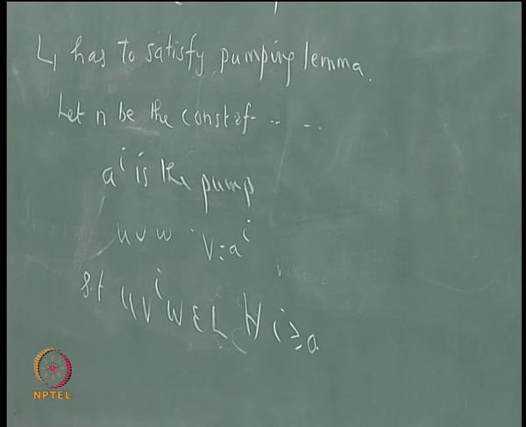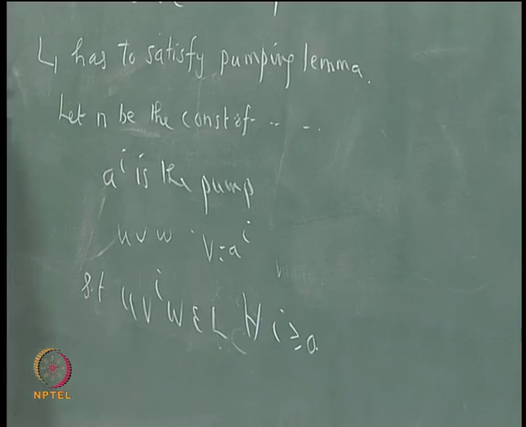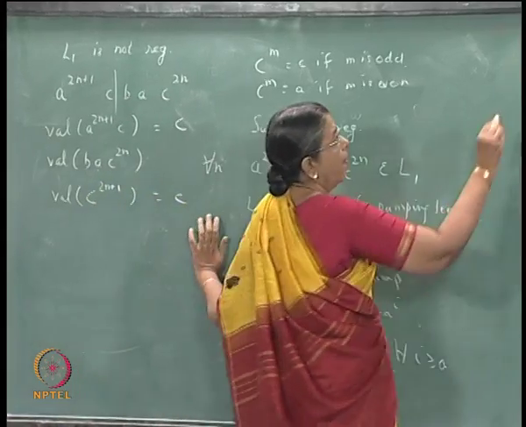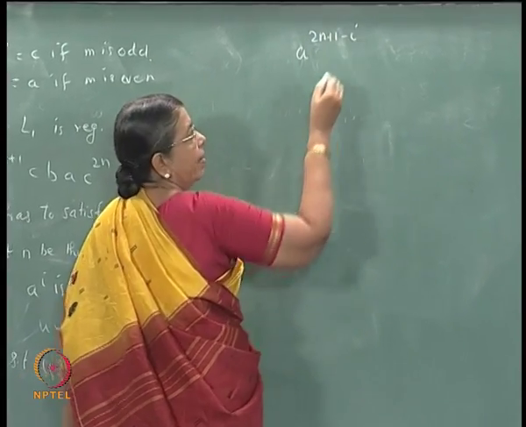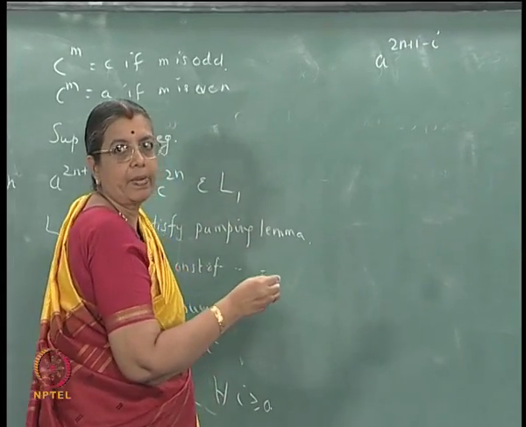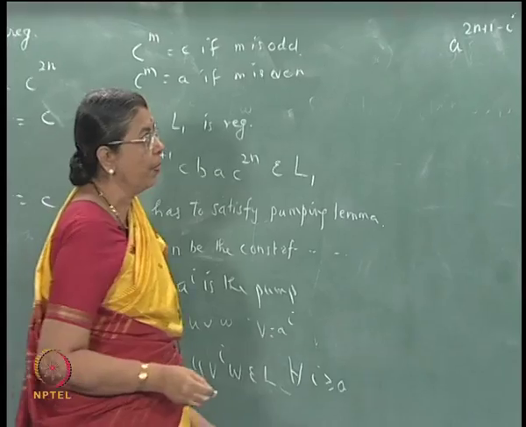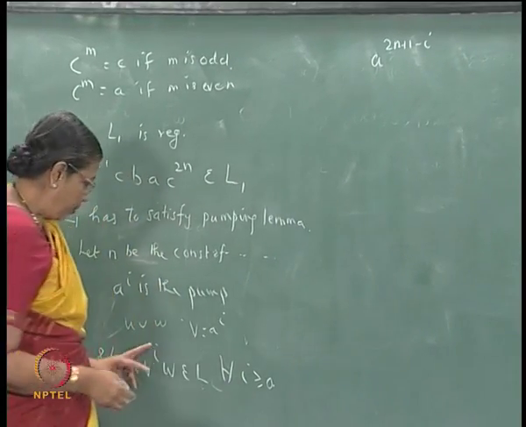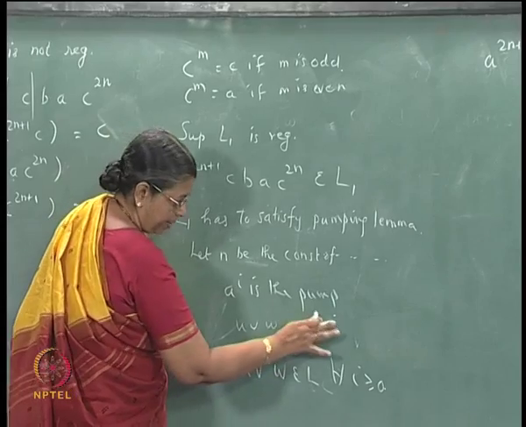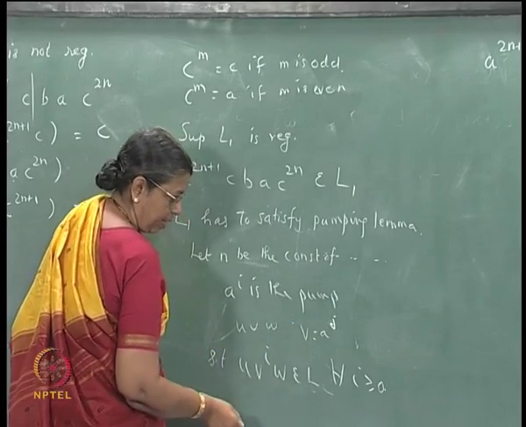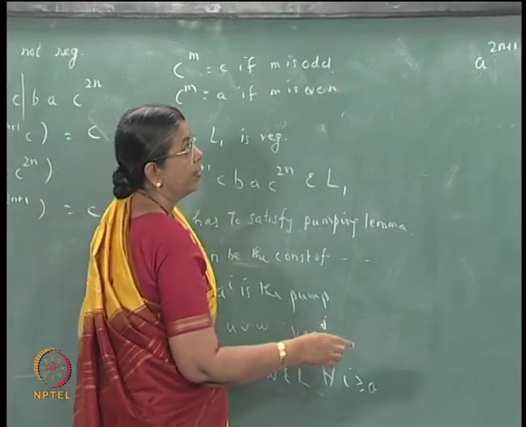Now, if you do that, a power 2n plus 1 minus j, take the case when it is 0. I have used I, so I will say j, pump is a power j.